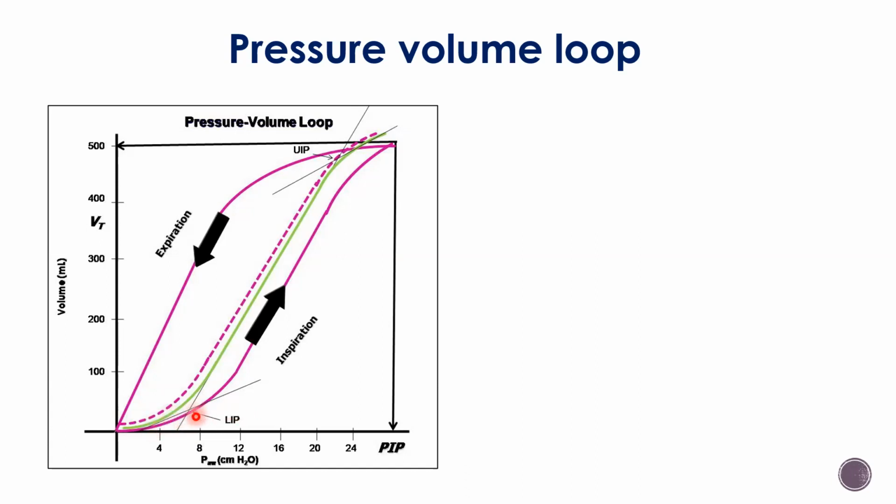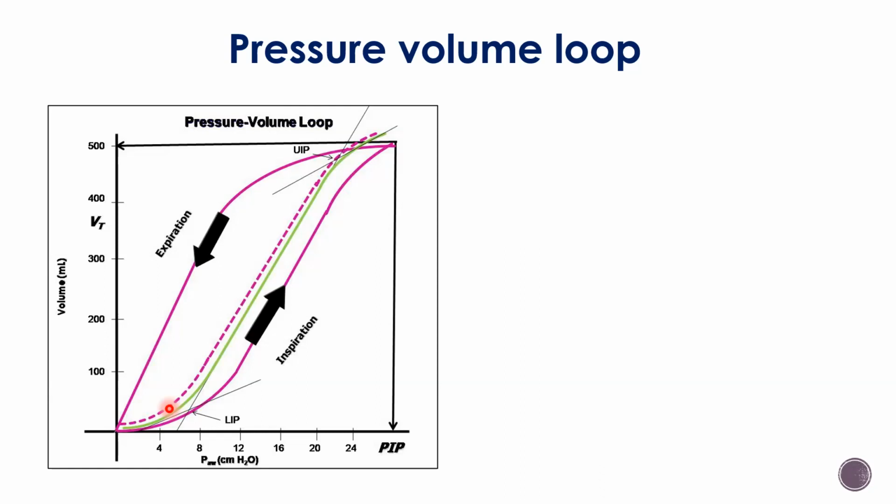From here, the compliance of the lung is good, till this point, the upper inflection point. Beyond this, again, the change in the volume for a change in pressure is less. Here is also less. So your compliance will be higher between these 2 points, and hence your ventilation should happen between the lower inflection point and the upper inflection point. This is called the zone of safe ventilation.